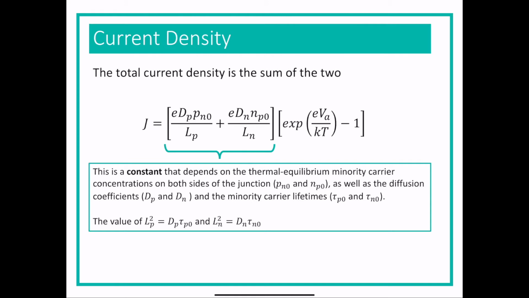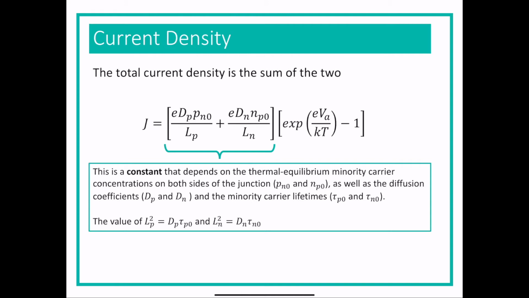This constant in front of the exponential function depends on the thermal equilibrium minority carrier concentrations on both sides, and it depends on the diffusion coefficients and the minority carrier lifetimes, which we can't measure, but we could, but we won't. And this value of L_P and L_N are just ways of relating the diffusion coefficients and minority carrier lifetimes. So how to relate those is given right below.